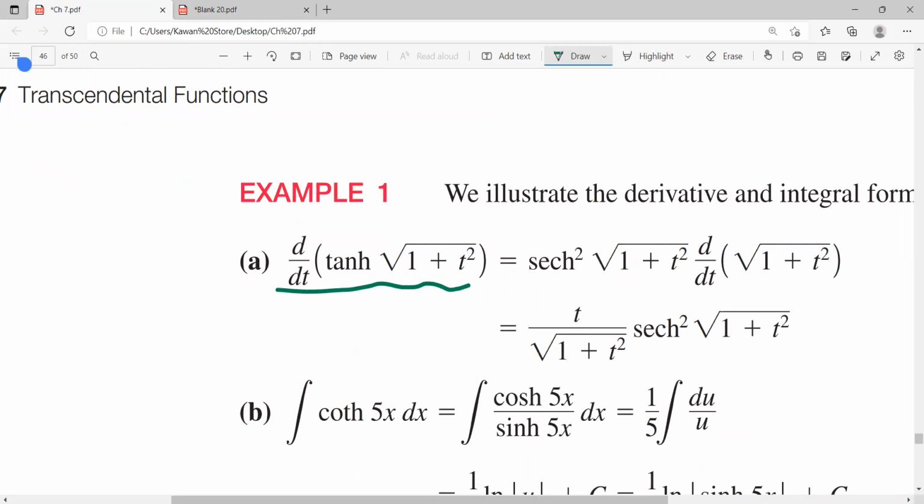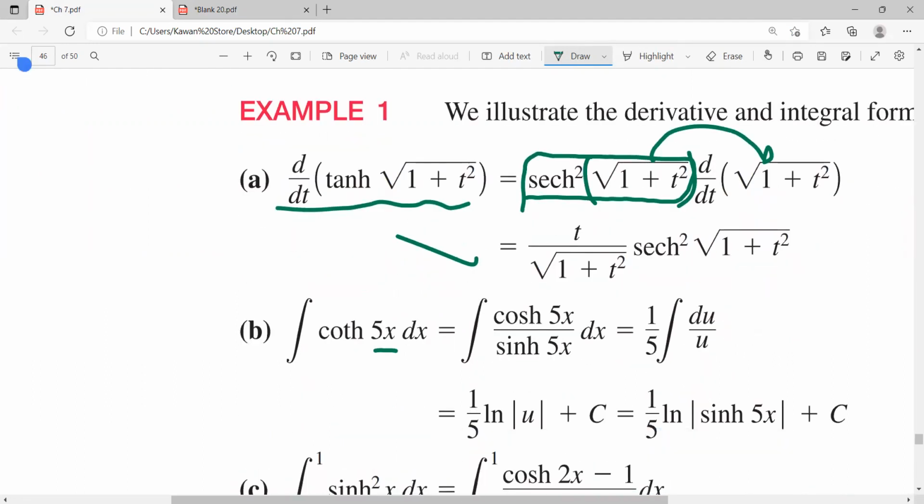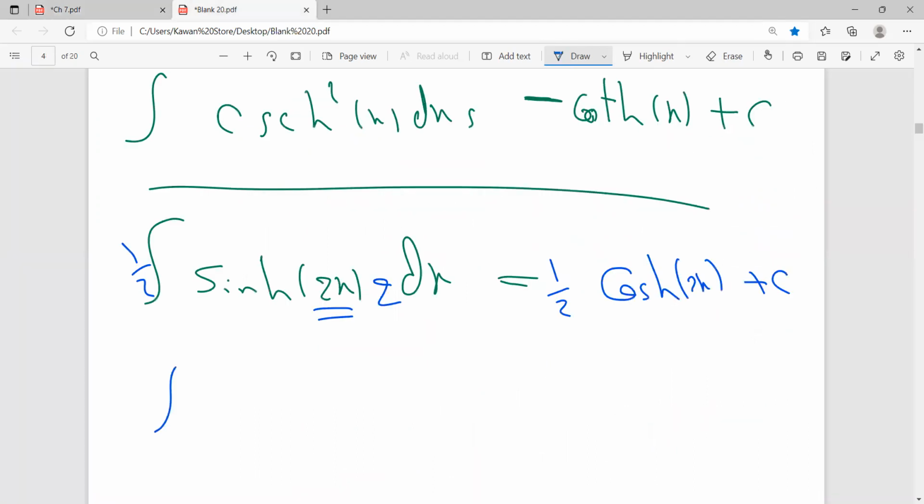We say the derivative of tan is equal to secant squared, right? Then the derivative of the angle. Am I right? So you got that. How about cotanh? We know we cannot solve cotan directly, the same as the previous one. Cotan or tan, we cannot solve it directly.